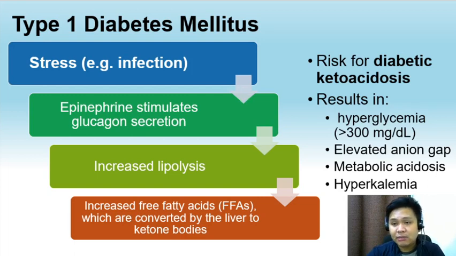So usually, diabetic ketoacidosis manifests with hyperglycemia of more than 300 milligrams per deciliter, an elevated anion gap due to the presence of the ketone bodies, metabolic acidosis, again due to the ketone bodies, as well as hyperkalemia.